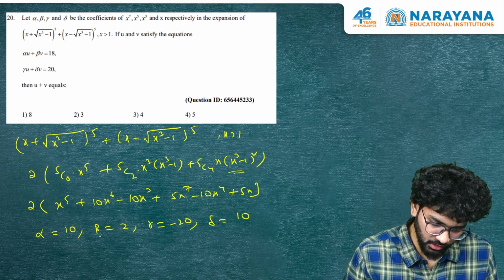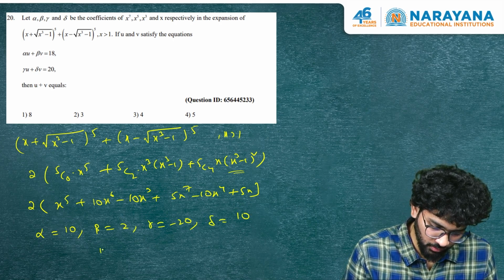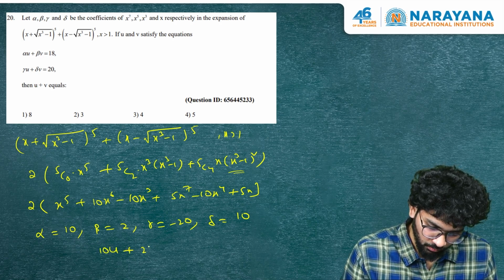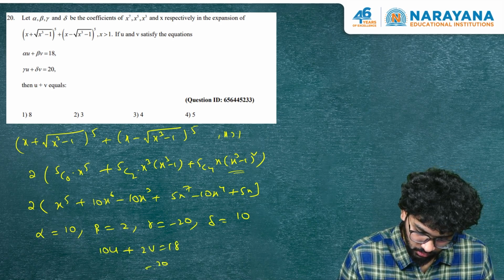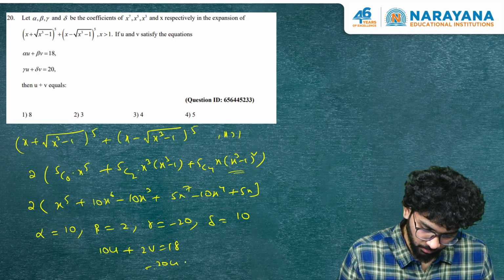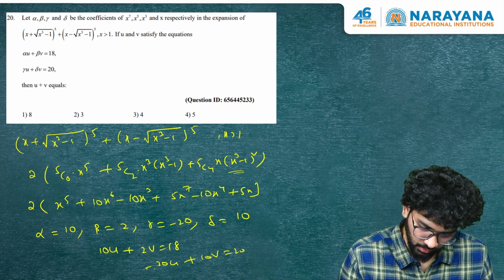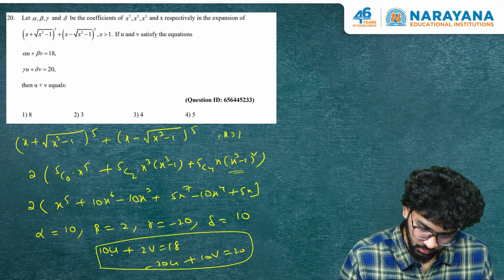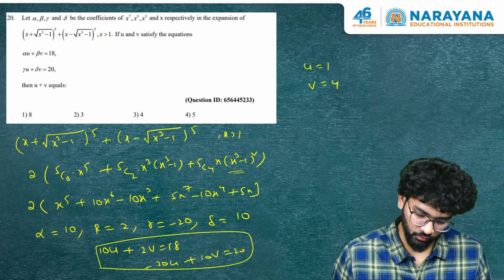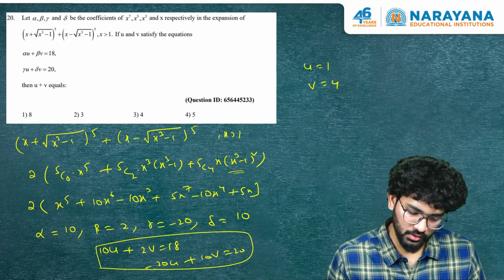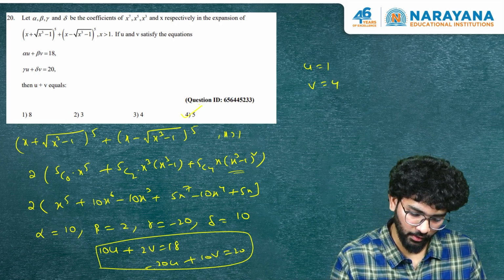So the given equation, alpha u plus beta v equal to 18, will become 10u plus 2v equal to 18, and gamma u plus delta v, that is minus 20u plus 10v, equal to 20. If you solve these two, you will get u is equal to 1 and v is equal to 4. It is satisfying. So he is asking u plus v equal to 5.